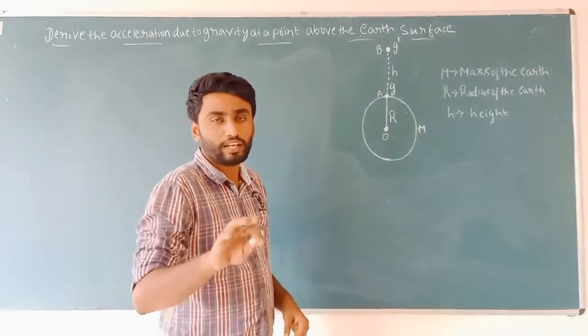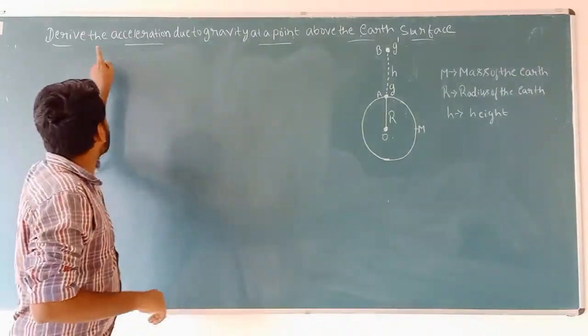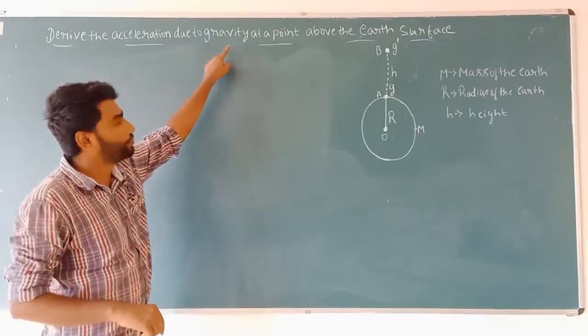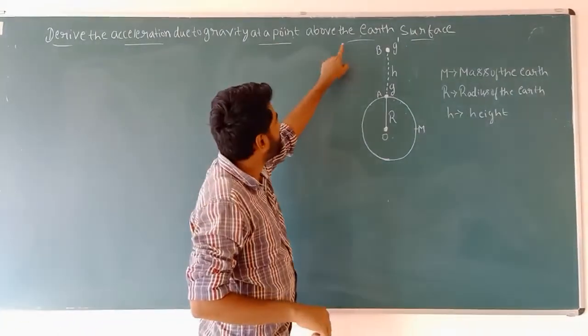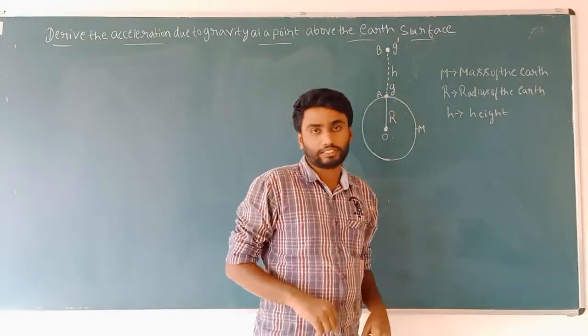Now another 5 marks question. Derive the acceleration due to gravity at a point above the earth surface.